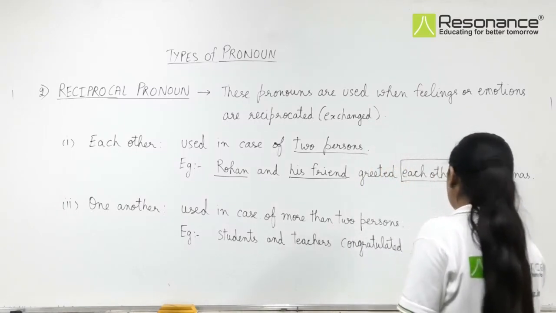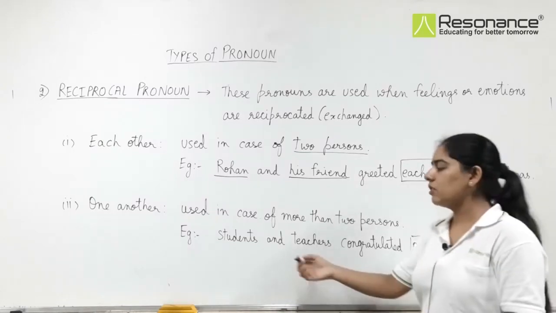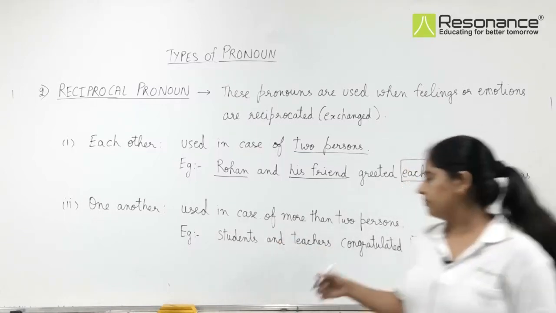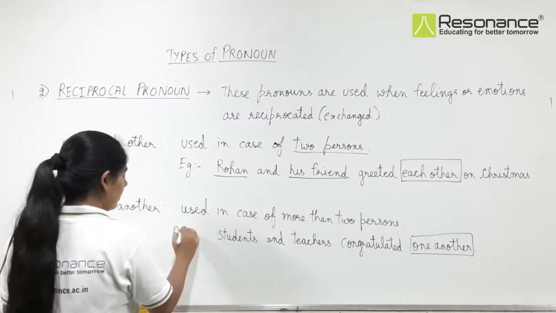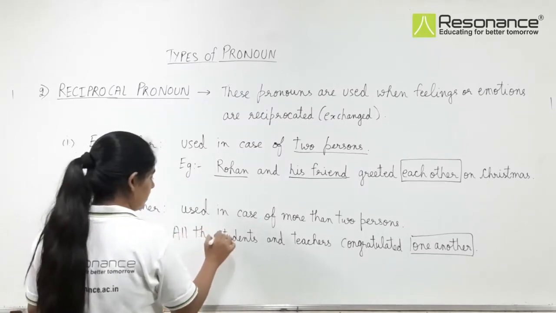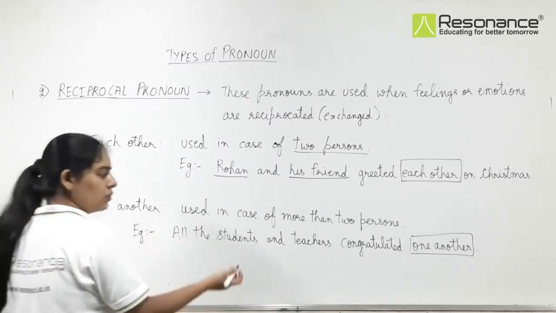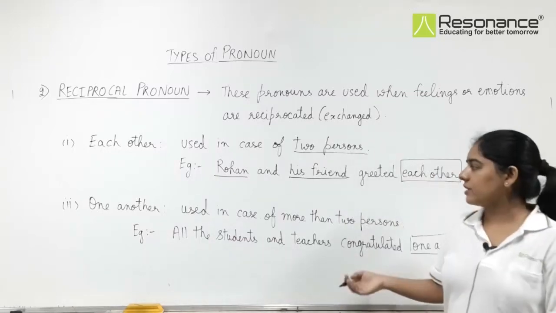Now here we will use one another because we are talking about more than two. Students and teachers. If I say all the students and teachers, I think you have understood we are talking about more than two over here. So one another. Let's have some more examples.